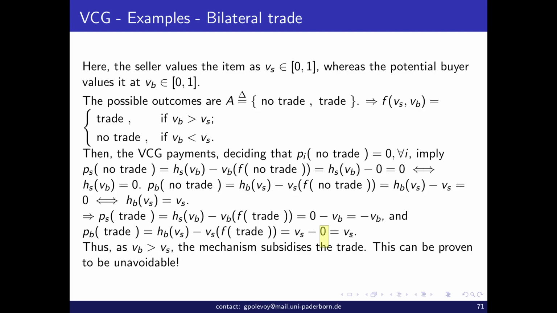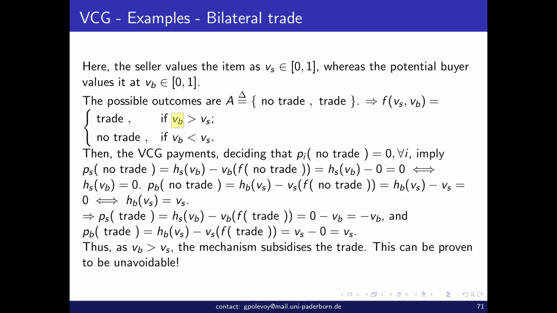So the buyer again pays something positive, her value. Excuse me, the value of the seller. So the buyer, the assumption that when actually the buyer values the item more than the value of the seller, the buyer pays the smallest value, whereas the seller gets, it pays minus, it gets the largest value.